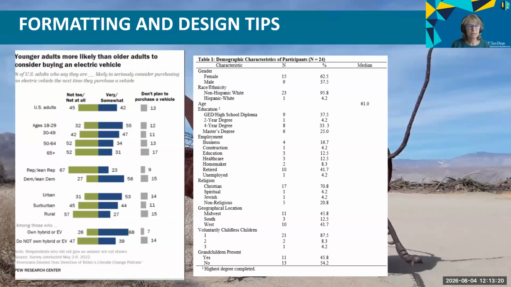So here are some examples of slides, graphs and tables. You can see that looking at this, it's really hard to know what it is you're looking at or what the point of it is. And research is complex. It has a lot of different elements to it. So it's not surprising that you would have a table like this or a graph like this that shows a lot of information.